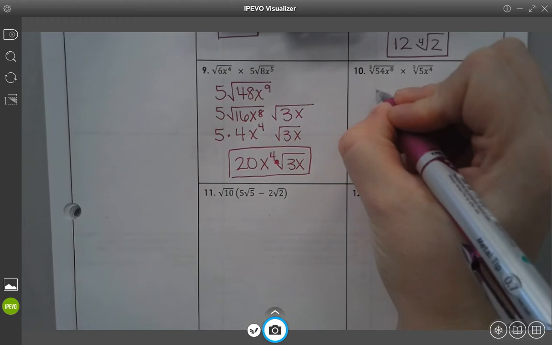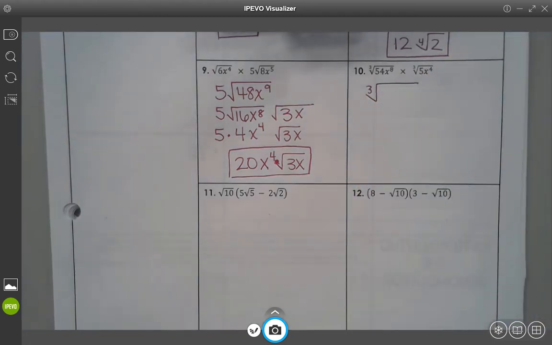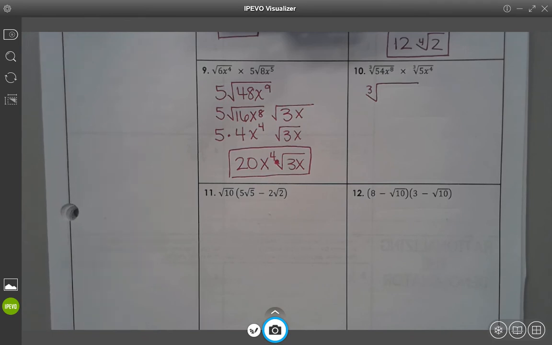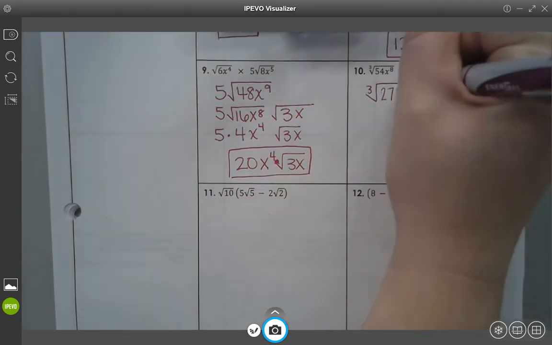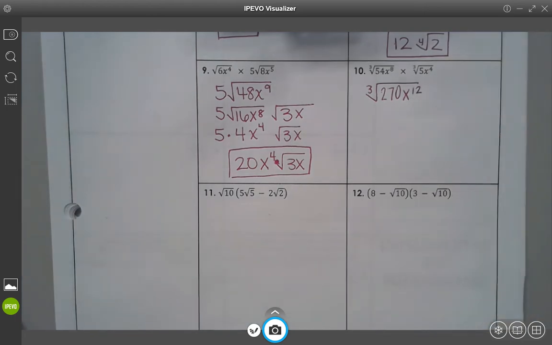Number 10, cube root. Nothing on the outside to multiply. So we've got 54 times 5, which is 270, x to the 12th.